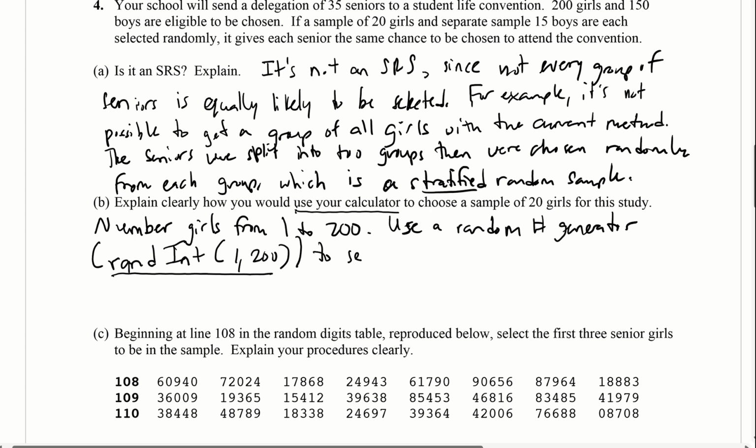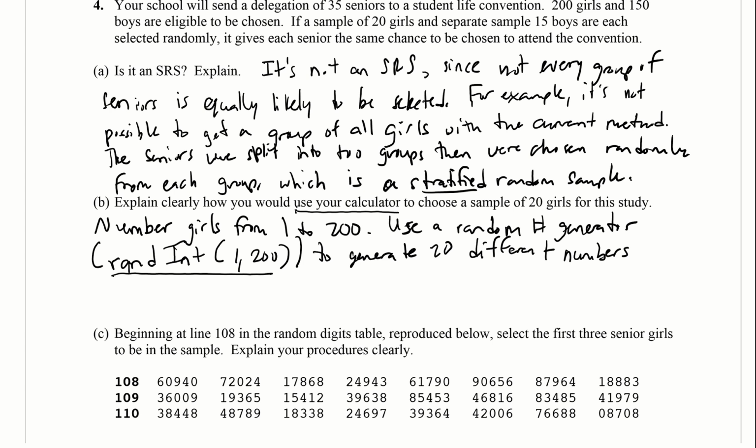Use the random number generator to generate 20 different numbers between 1 and 200.